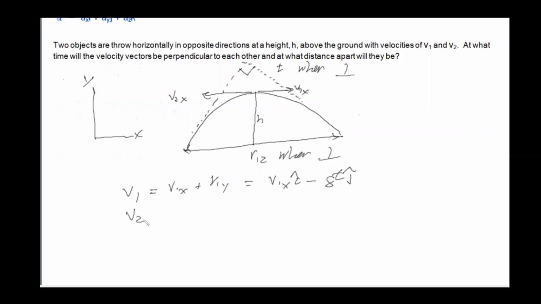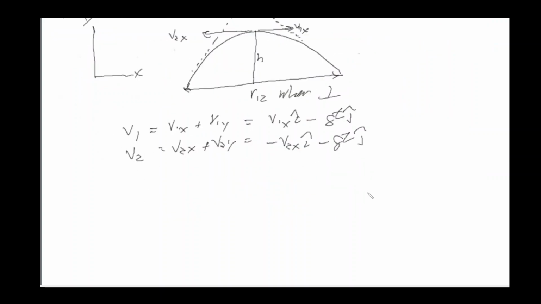And our velocity 2 is equal to v2x plus v2y, which is equal to minus v2x i, and it's minus because it's going in a negative x direction, and also minus gt j.